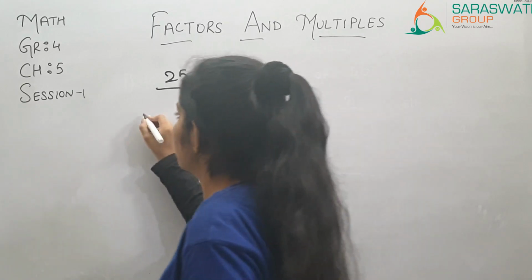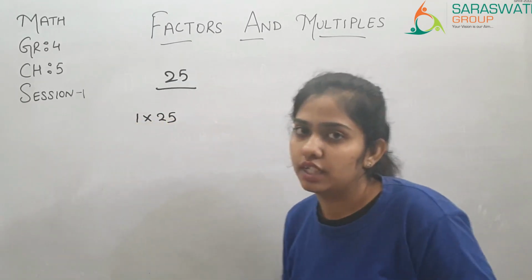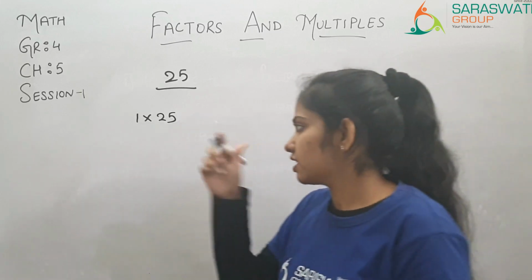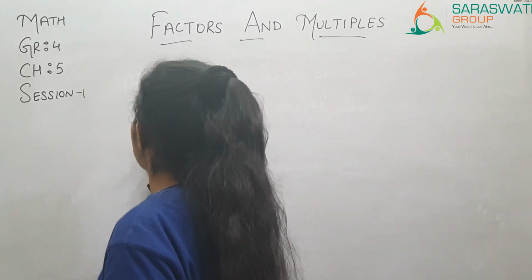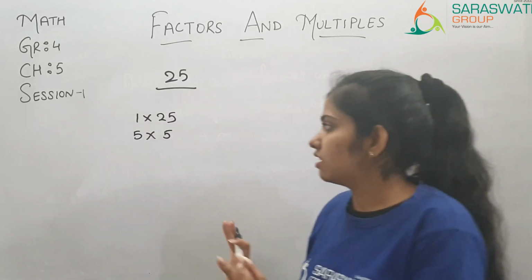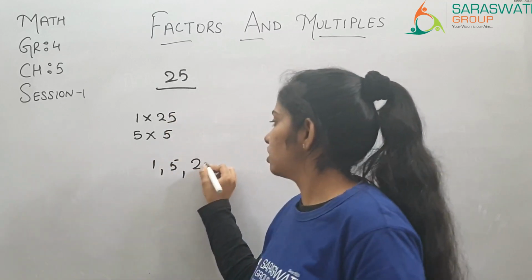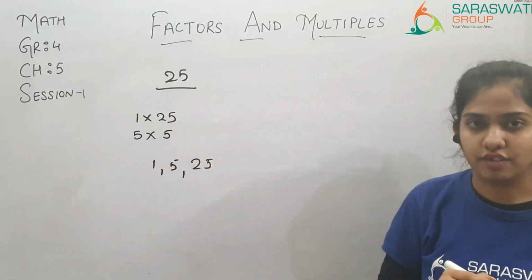Okay, so first is 1 into 25. Then afterwards 5 fives are 25. So these are the factors of 25, that is 1, 5 and 25.